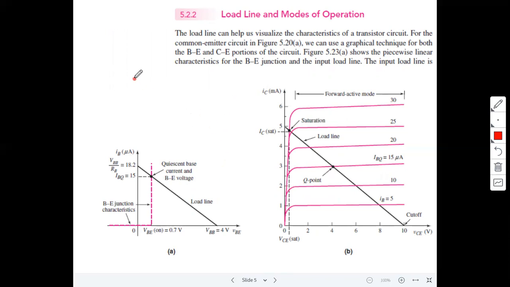The given circuit is a CE configuration. Observe here the input. These are the input characteristics. Now what are input characteristics? It is nothing but diode characteristics, right? Somewhere like this. Or you may neglect RF and all these things.